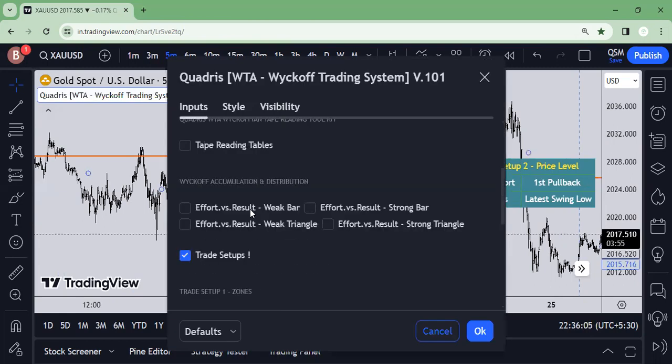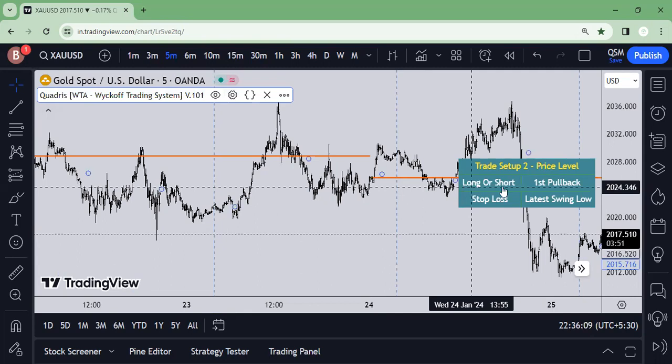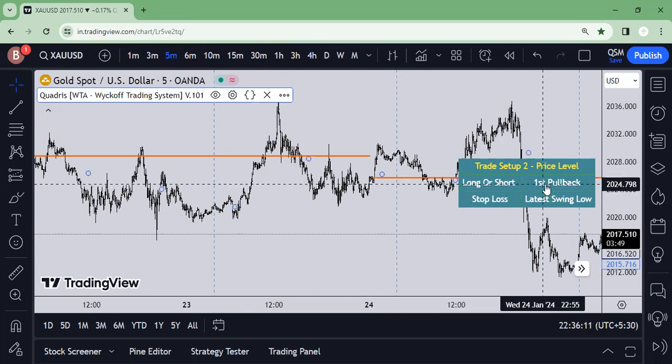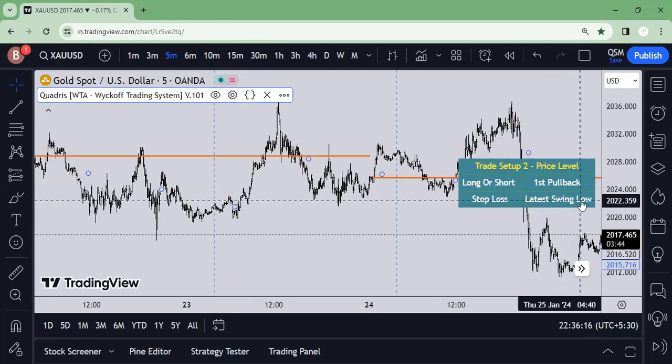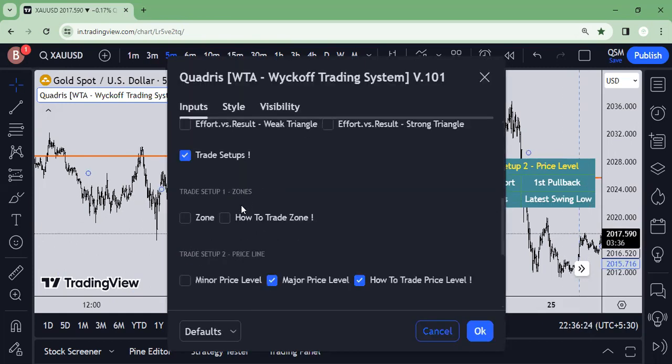So this is how here it has mentioned long or short. What you have to do, you have to look for first pullback. What would be your stop loss? Latest swing low or swing high.